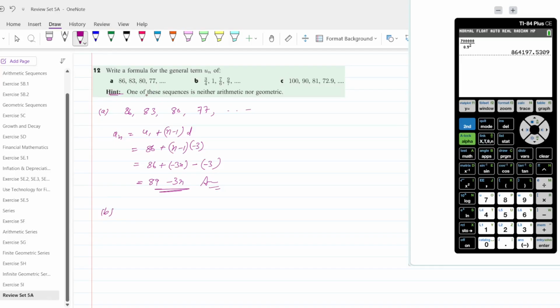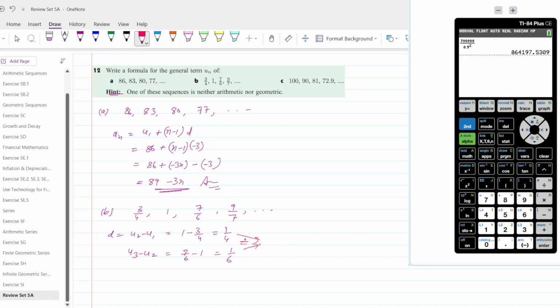Now here hint says one of these sequences is neither arithmetic nor geometric. Now B has 3 by 4, 1, 7 by 6, 9 by 7, and so on. Here we know that difference u2 minus u1 is 1 minus 3 by 4, that is 1 by 4. u3 minus u2 is 7 by 6 minus 1, that is 1 by 6.